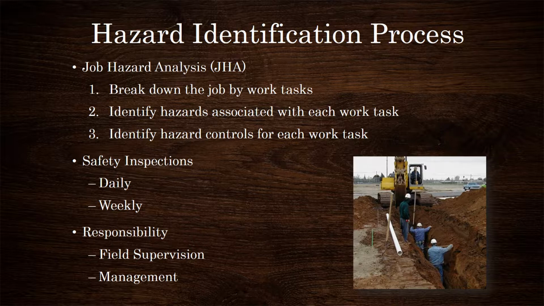As an example, we're going to use a city water line installation project. The tasks required would be trenching and excavation, installation of the water line, and backfilling the trench. Some hazards associated with the tasks would be hitting existing utilities or the trench collapsing.